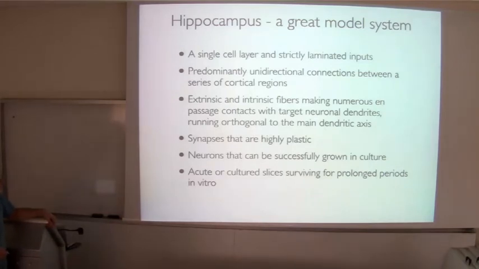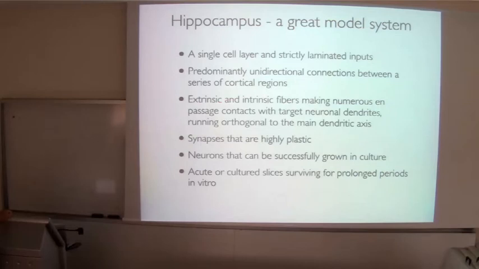Okay, so enough of anatomy. We're going now to single cell physiology as well. But a few things make the hippocampus a great system, now that you know how it looks. First of all, it's a single layer with a very concrete lamination. It's unidirectional mostly, and you have many contacts.